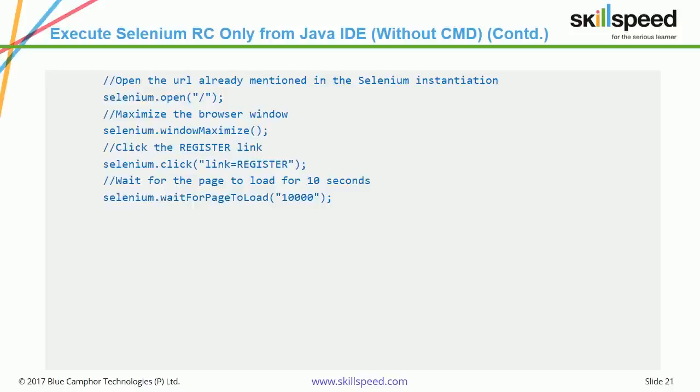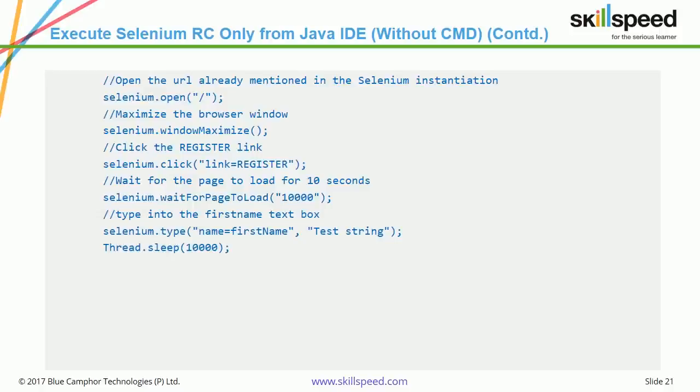We are waiting for 10 seconds for the clicking to take effect and go to the next page using the selenium.waitForPageToLoad 10,000. Then we are typing test string into the first name text box using selenium.type name equals to first name comma test string, and then we are waiting for 10 more seconds using Thread.sleep 10,000, and finally we are stopping the Selenium API.